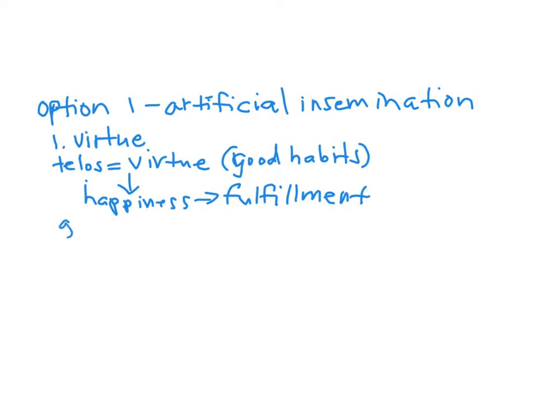So it would be a good thing to do, because for this woman, her telos, because telos is basically, in a broader sense, whatever is going to bring us fulfillment. And again, for Aristotle, your telos had to include virtue.